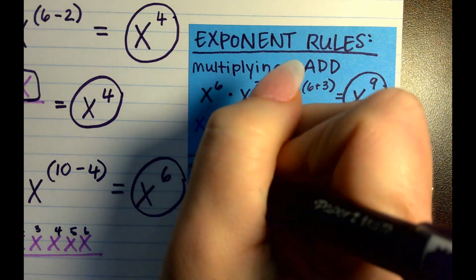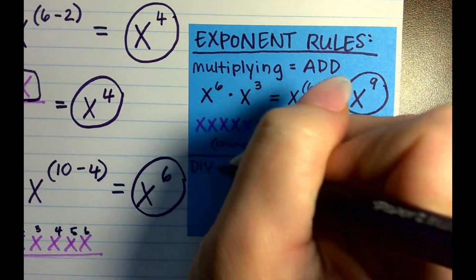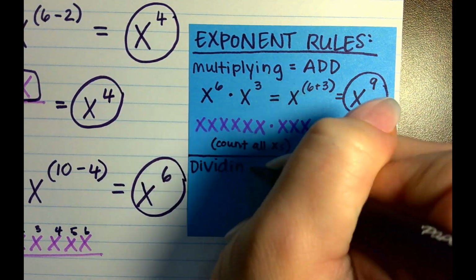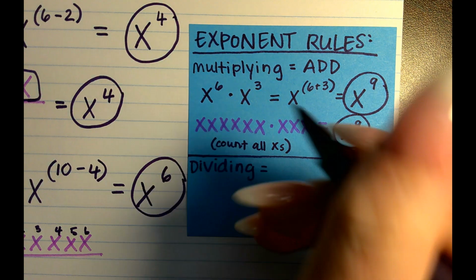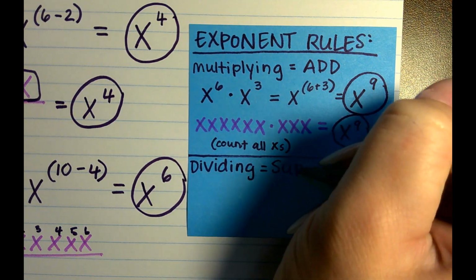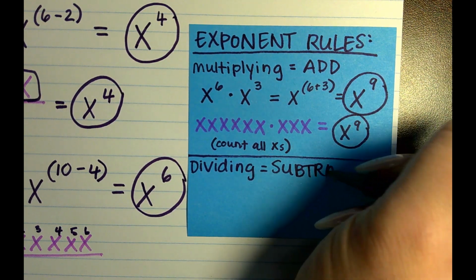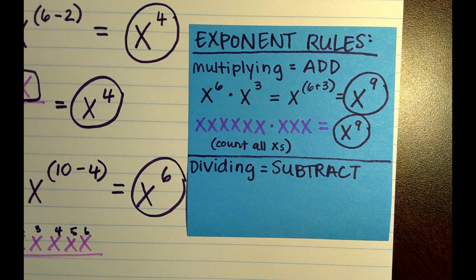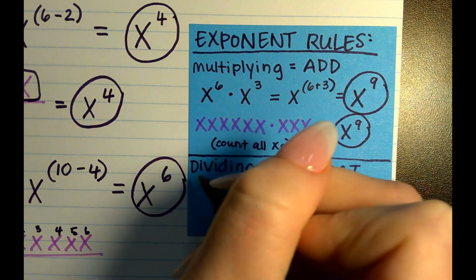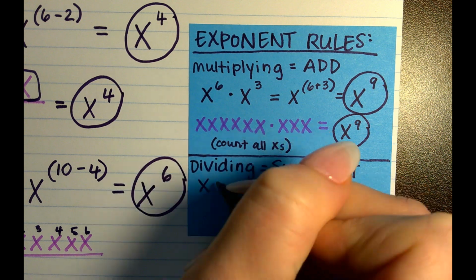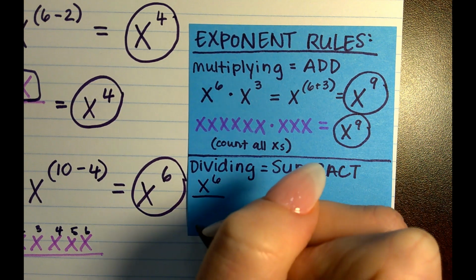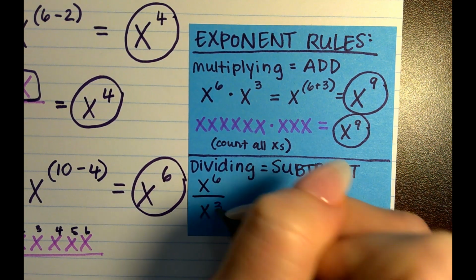And we're going to look at dividing. And that is subtract. So, for example, x to the 6 over x to the 3.